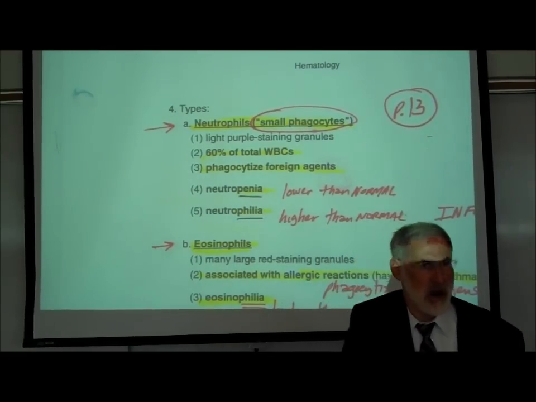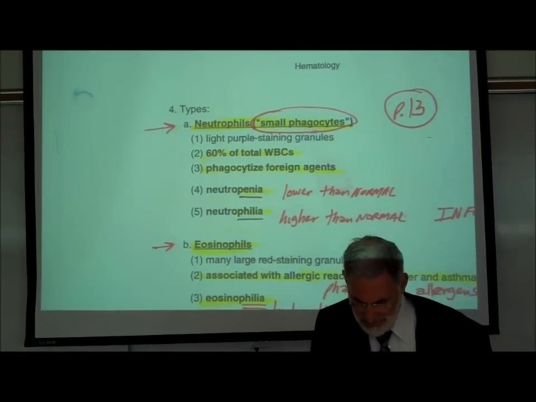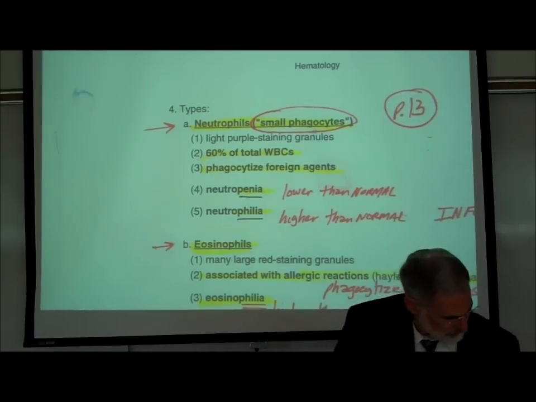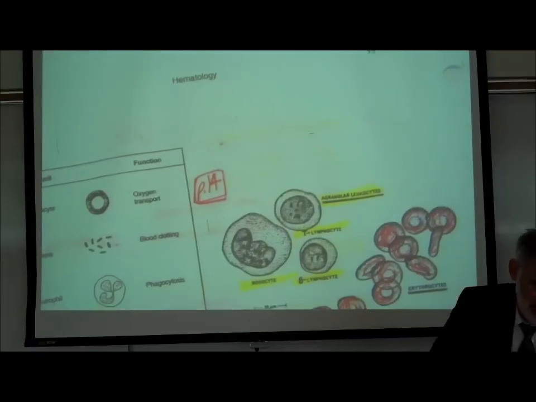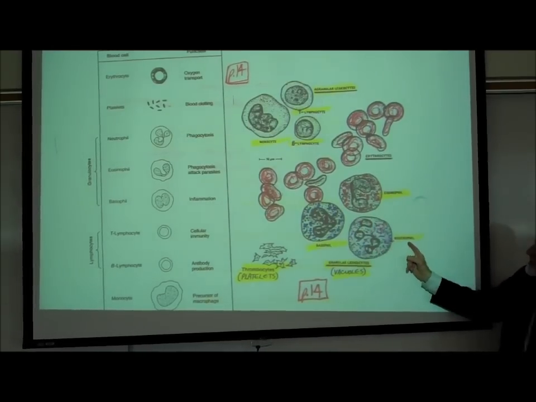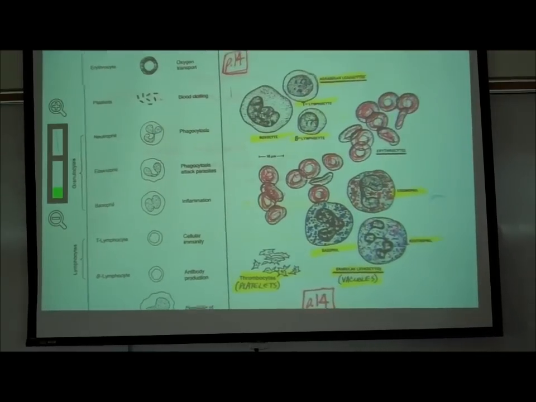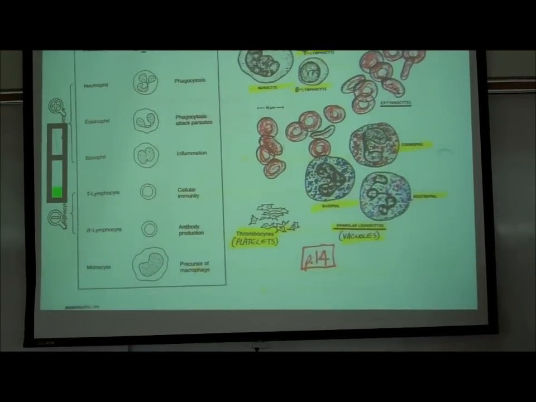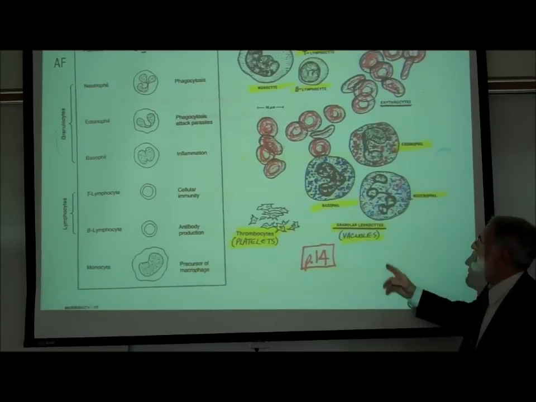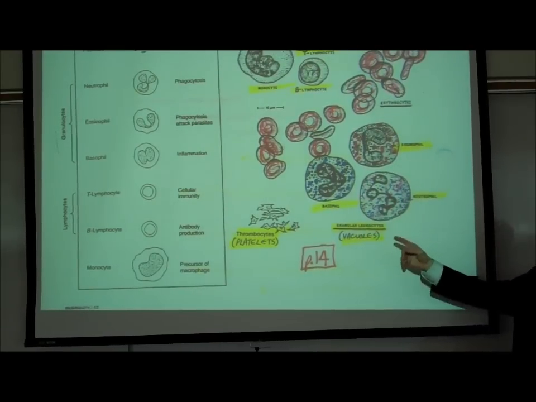So they're mostly small phagocytes. If you were to look on the next page, page 14, these three types of white blood cells, the neutrophils, the eosinophils, and the basophils, are collectively known as the granular leukocytes or polymorphonuclear-cytes.